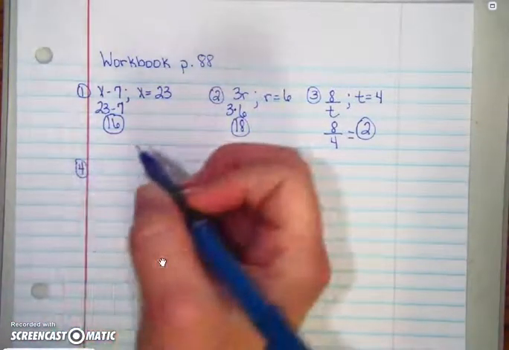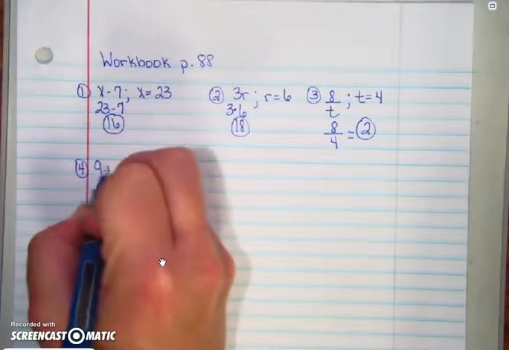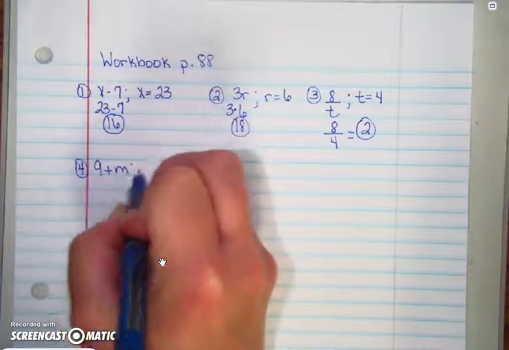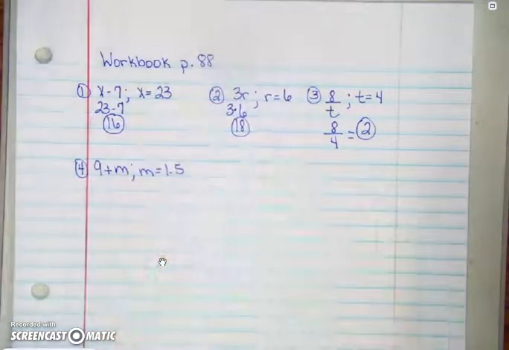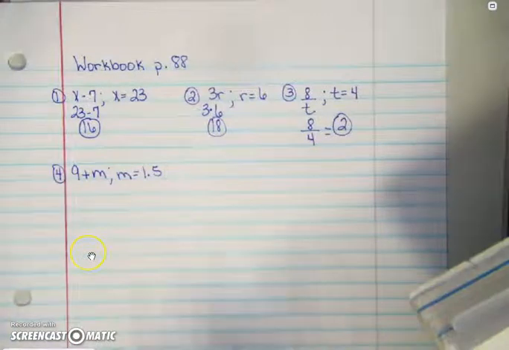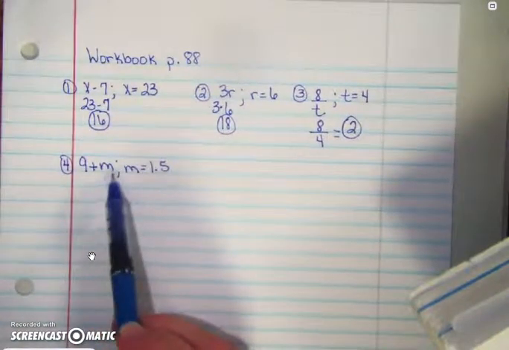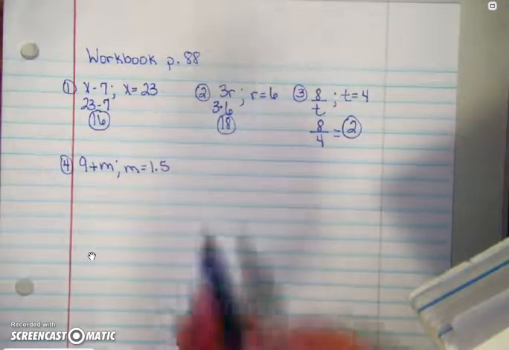Problem 4. 9 plus m when m equals 1 5/10.